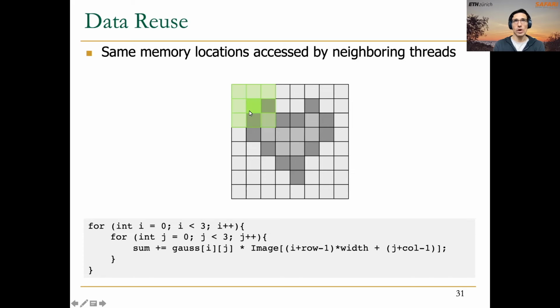For example, we'll have one thread computing the output for this pixel, but we have another neighboring thread computing the output for this pixel here. And let's say the window that this thread needs to access is this window here. If you compare both windows, they are sharing some locations, right? So these 6 pixels here are going to be accessed by both the thread computing this output pixel and the thread computing this output pixel. So there is a lot of data reuse here.